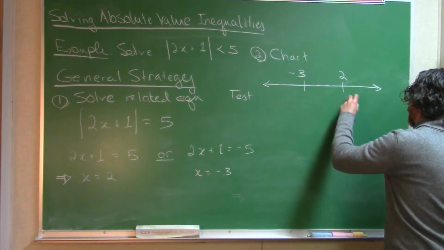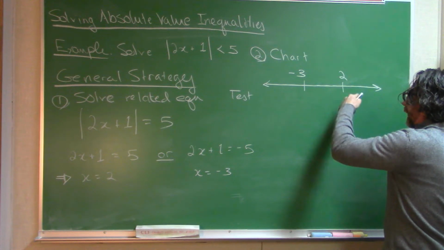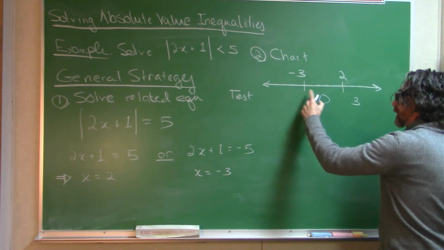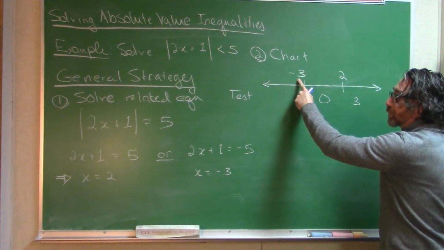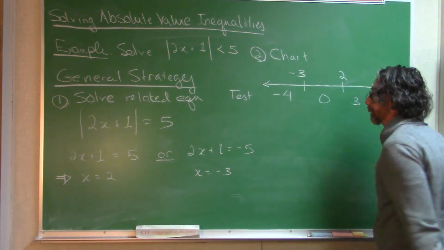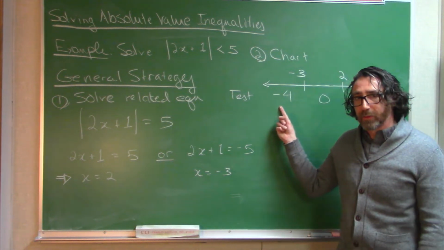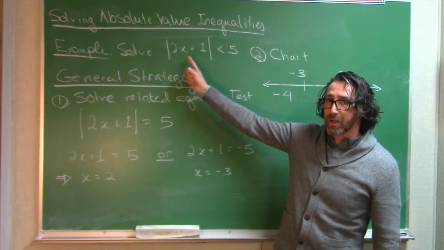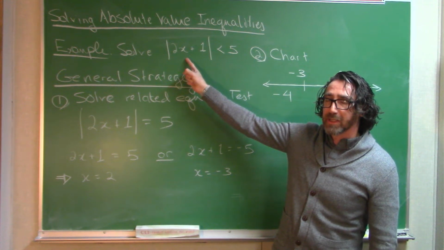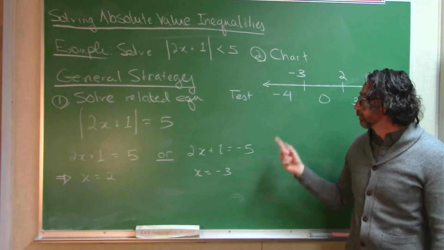Over here, I'll pick a 3. That's something greater than 2. Here I'll pick 0. I can pick anything between negative 3 and 2. Here I'm going to pick negative 4. So what I do is I take these test values and I substitute the test values into the original inequality.